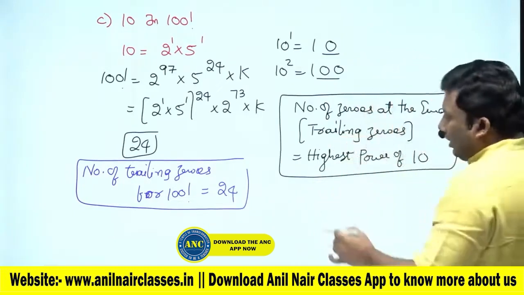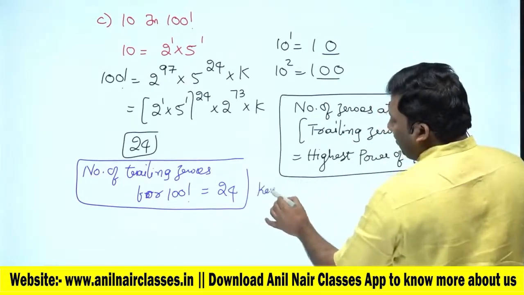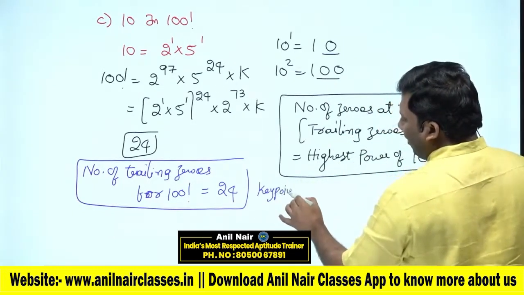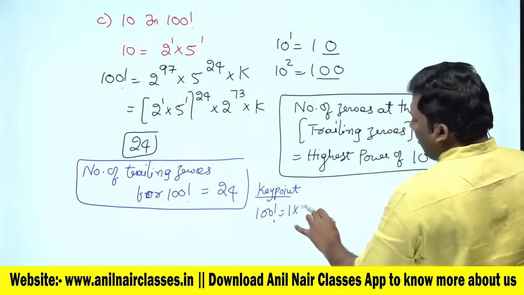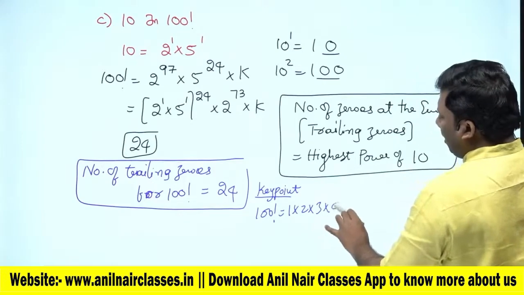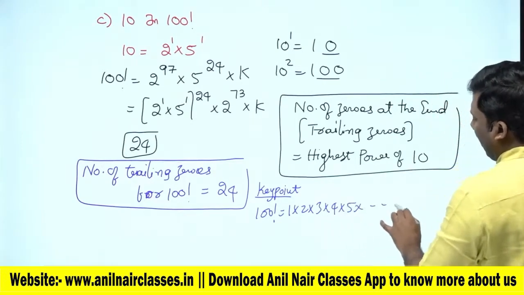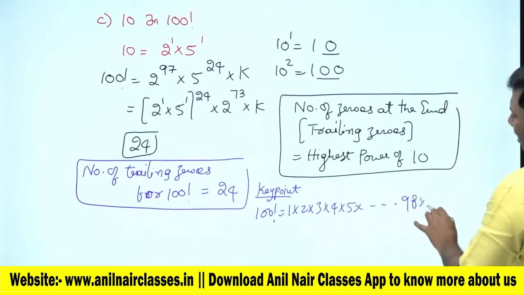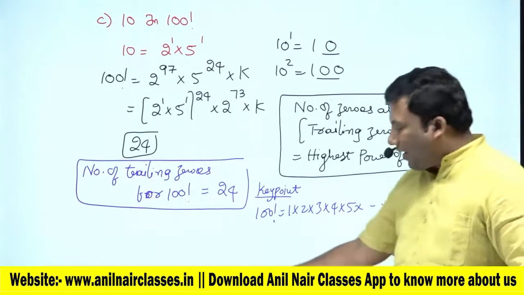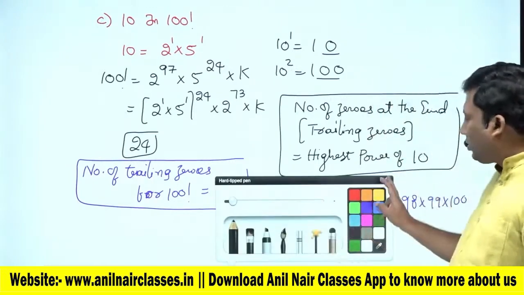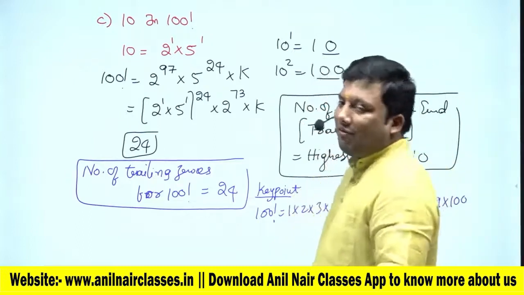Now, one important key point. Listen carefully, sir. 100 factorial is written as 1 into 2 into 3 into 4 into 5 and so on up to 98 into 99 into 100. The definition of factorial is the product of all natural numbers from 1 to 100.